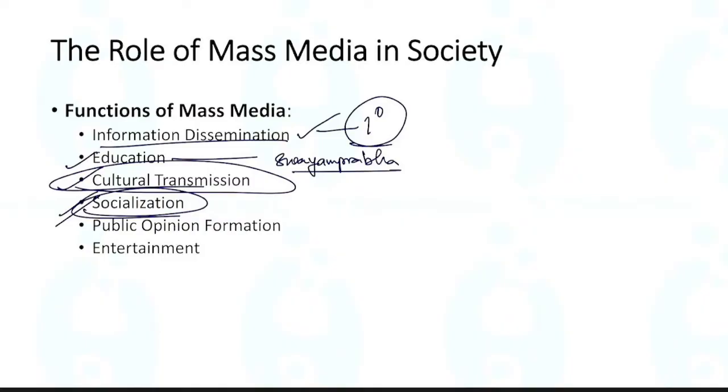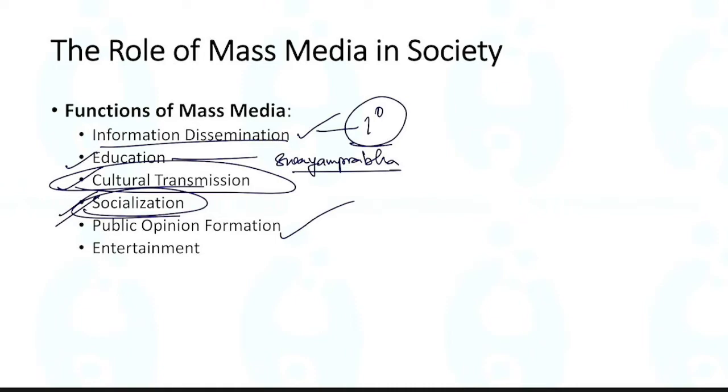Next, public opinion formation, right? You can see now through social media various influencers influencing people's opinion. That is public opinion formation, right? Various people might influence the public by putting out their own opinion. Some people might agree, some might not agree, but an opinion is formed, right?